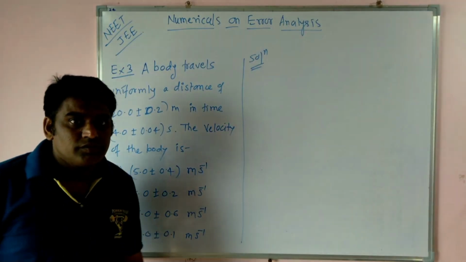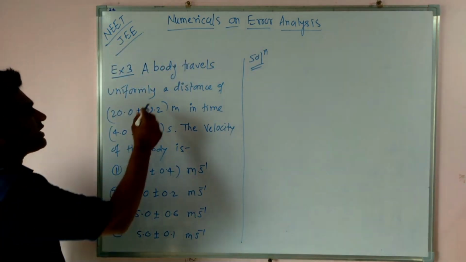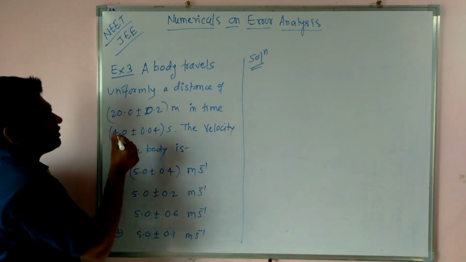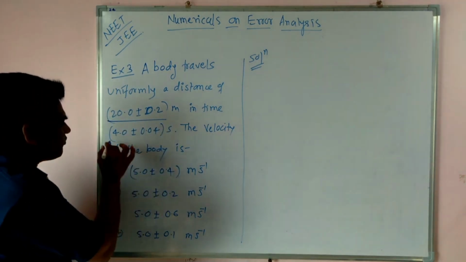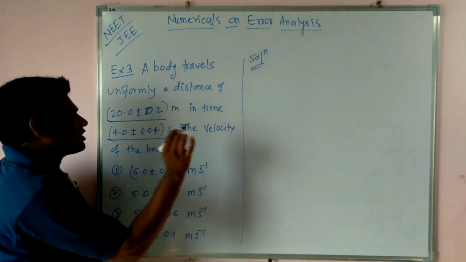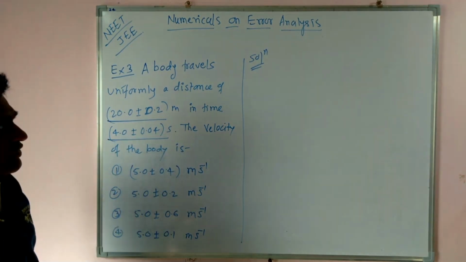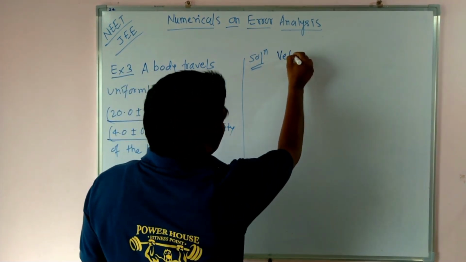So now look, example number 3. A body travels uniformly a distance of 20 plus or minus 0.2 meter in time 4 plus or minus 0.04 second. The velocity of the body is, some options are given. So how to calculate? What is velocity?